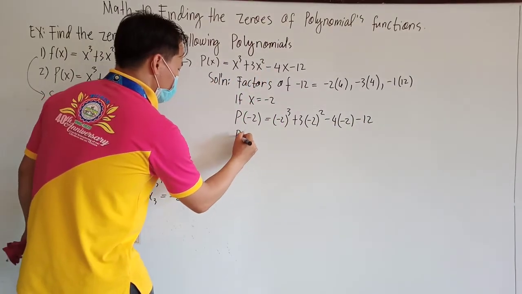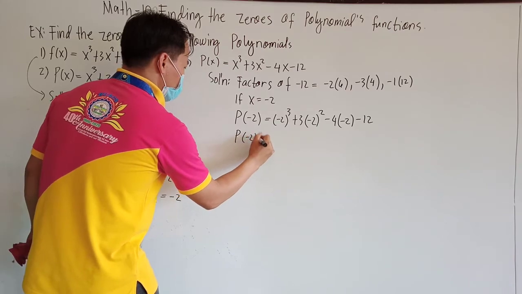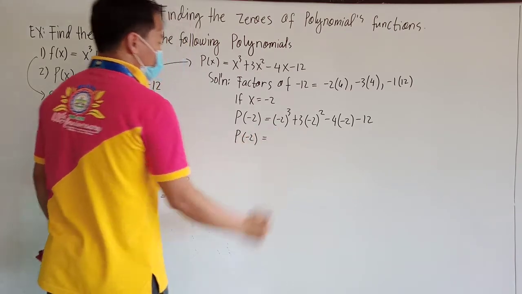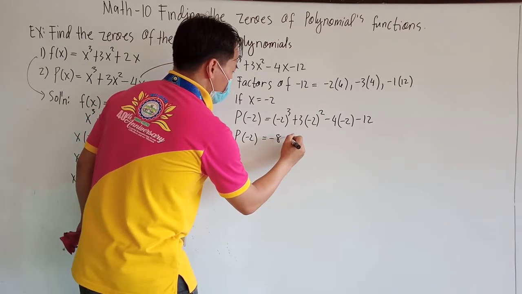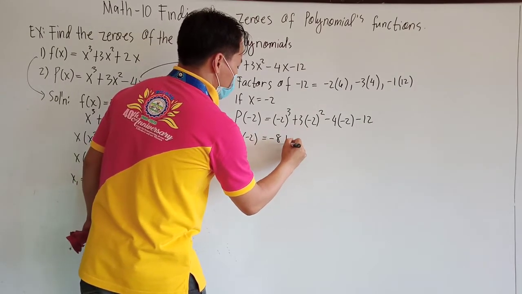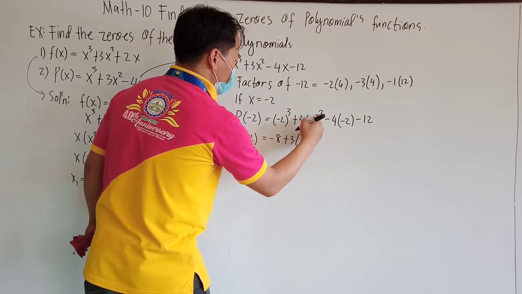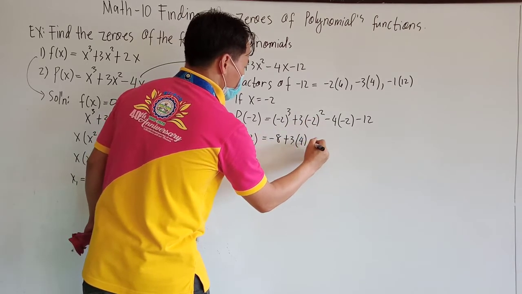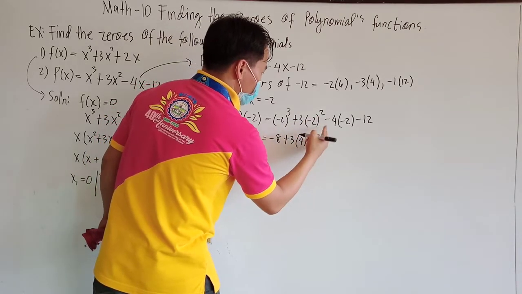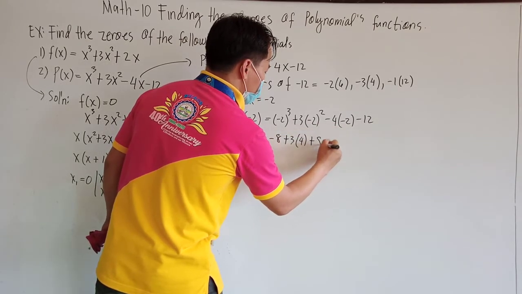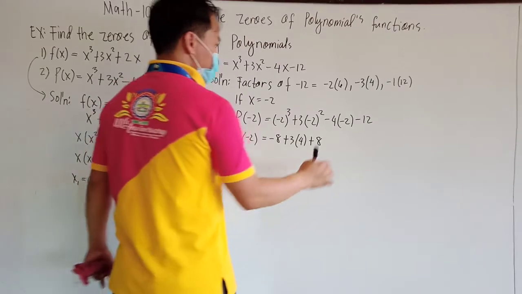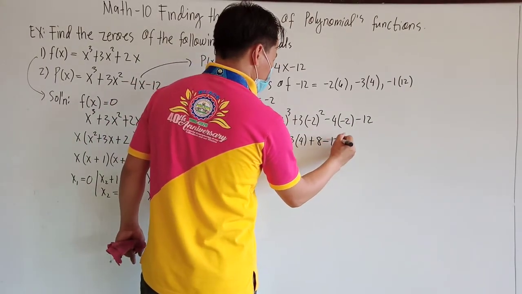Therefore, negative 2 to the power of 3 is negative 8. Then 3 times negative 2 to the power of 2, which is positive 4, minus, negative times negative is positive, 4 times 2 is 8. Next is minus 12.